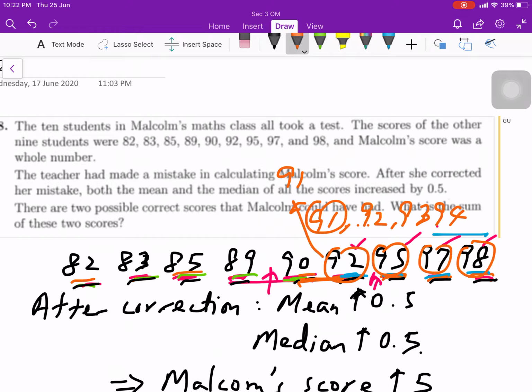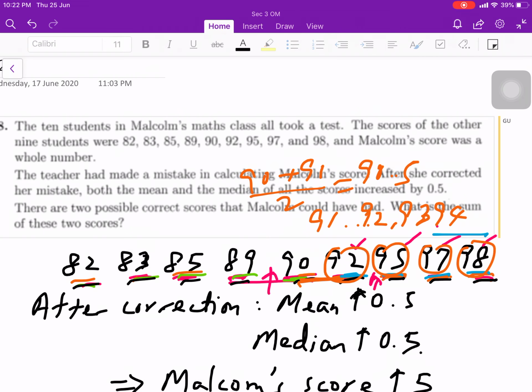It's not 91, it's more than 90. Because if your number here is 91, then in this case 90 plus 91 divided by 2, that will be just equal to 90.5. Therefore we make a general remark that the median would be more than 90.